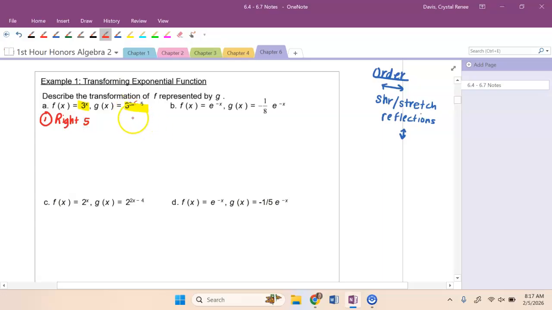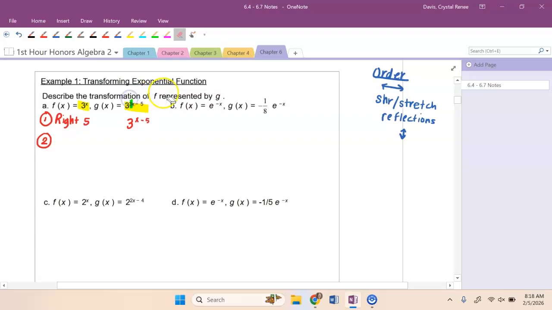If you remember, if we start with 3 to the x and move right 5, we have 3 to the x minus 5. We're still not where we should be. We're not done yet. Shrink or stretch? This 3 right here tells us that we do have a shrink or stretch.